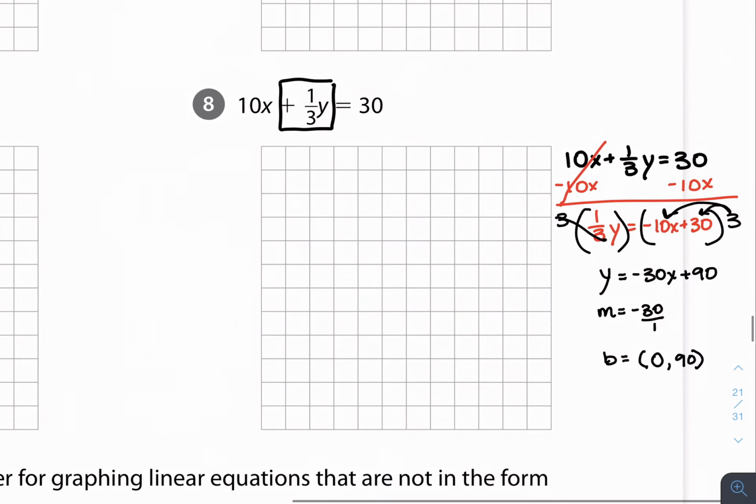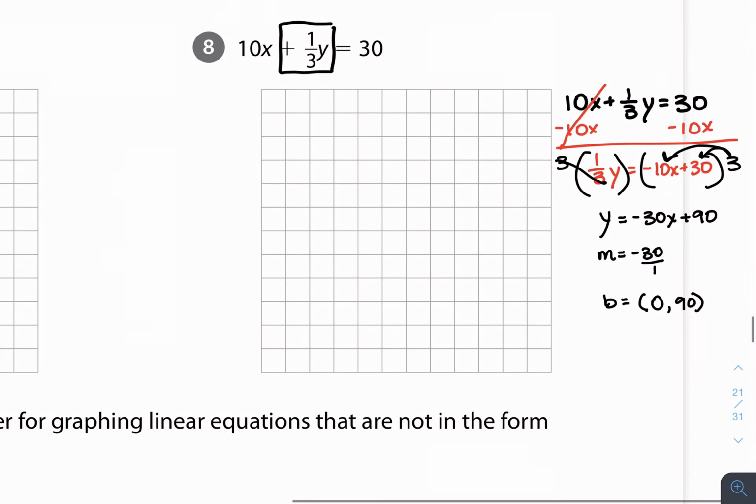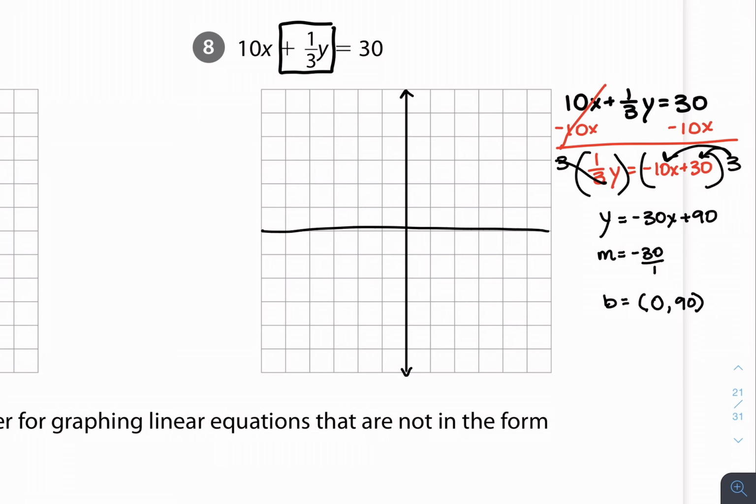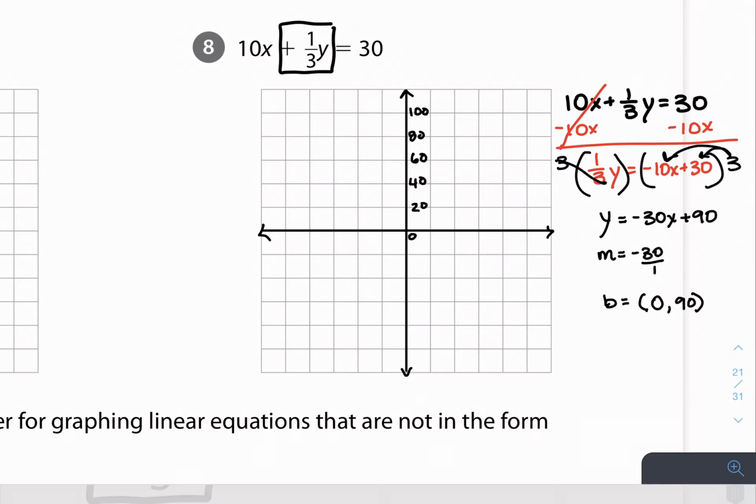Alright, so you can get a little creative when graphing this. You're going to want to skip count numbers, make a scale that will fit. Let's see, I'm going to count by 20s. Alright, so 0, 90 would be right here.